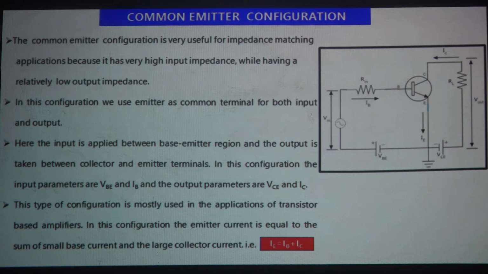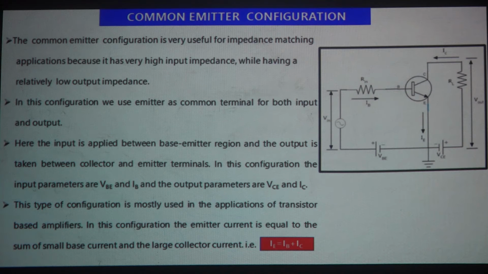It has a very high input impedance while having a relatively low output impedance, and that's why it is used in impedance matching.